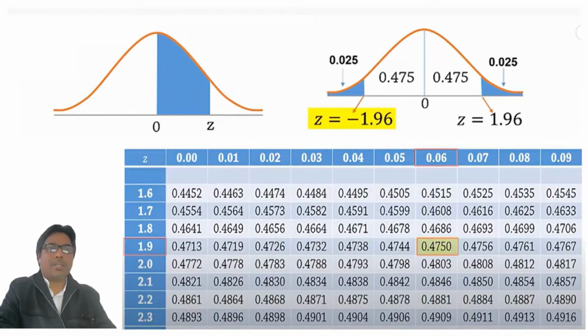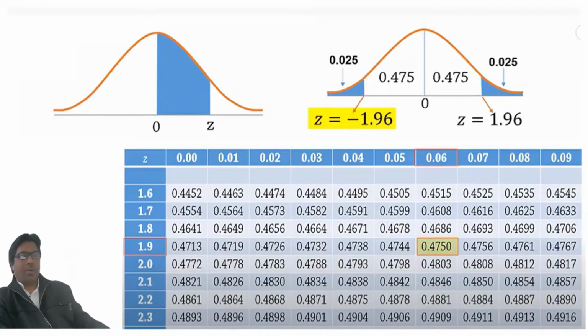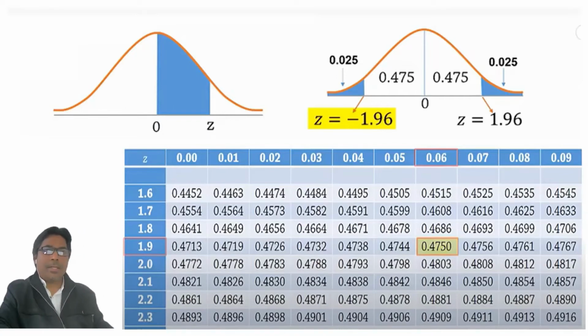So it divides the distribution into two halves, that is 50% to the left, 50% to the right. If 0.025 to the left is your critical region, or rejection area, the remaining part in the first half is 0.475. If you deduct 0.025 from 0.5, it remains 0.475, right?